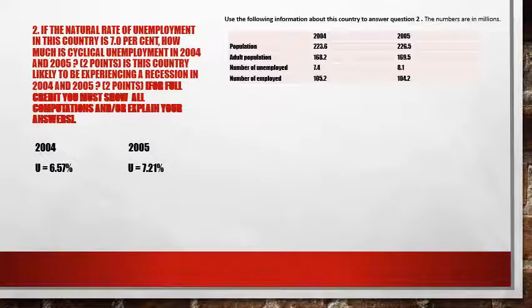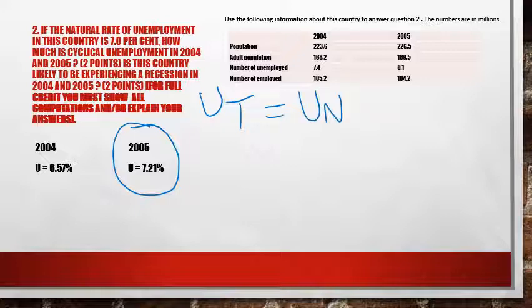Now we're doing the same thing that we did in the previous slide for the year 2005. So the equation: the total unemployment rate is equal to the natural rate of unemployment, 7% again, that's a given, I want to remind you, plus UC, the cyclical unemployment rate.